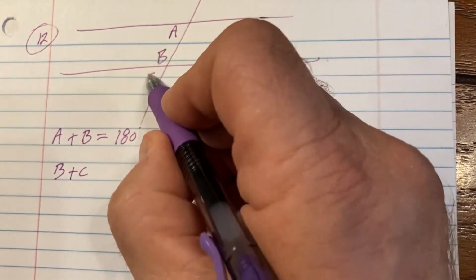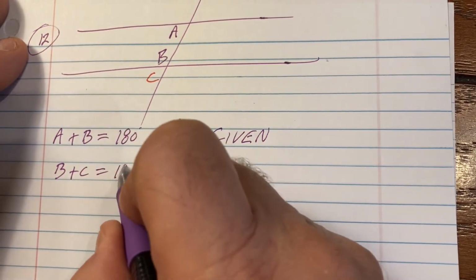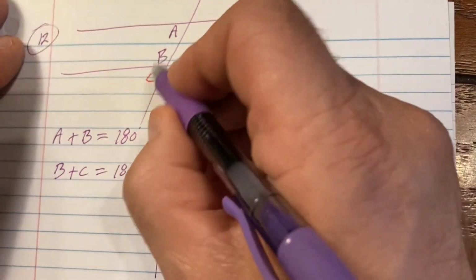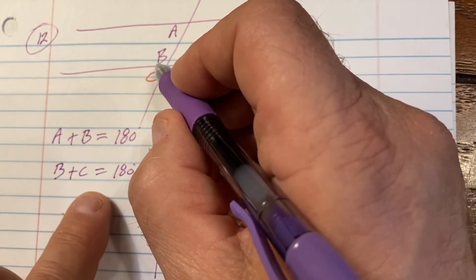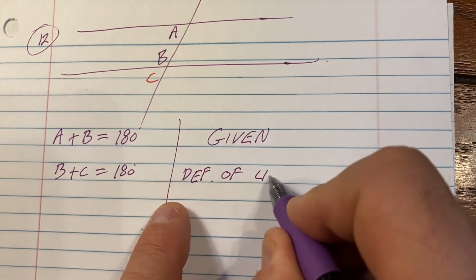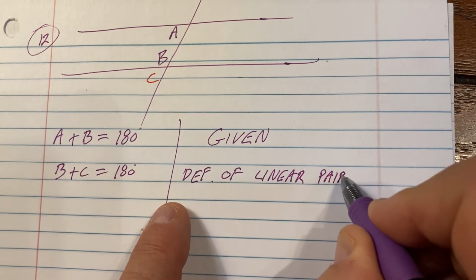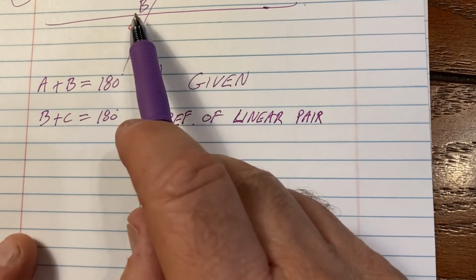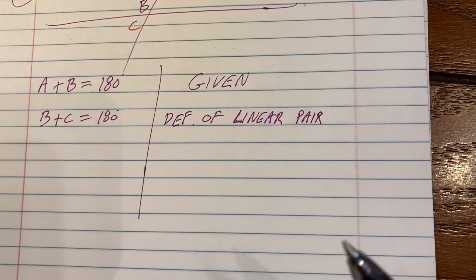B plus C are also supplementary because they're a linear pair, because of the definition of a linear pair. Linear pair are two angles whose sum is 180 degrees and the angles are adjacent.